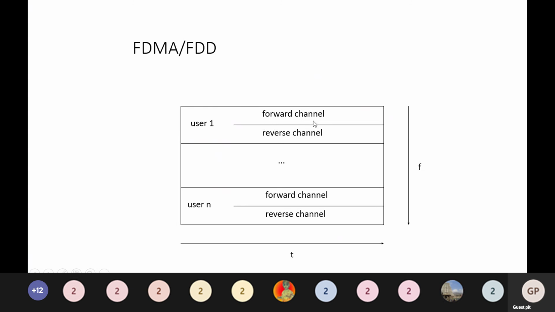They have a forward channel and a reverse channel.